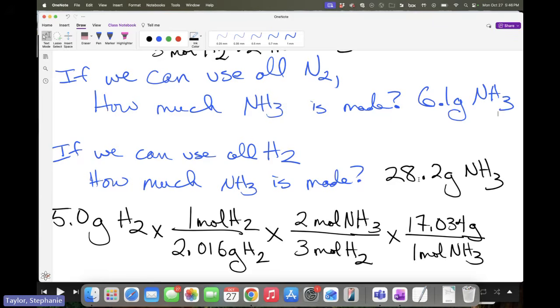So the number of cupcakes you can make is going to depend on the thing you have the least of. So when we're looking for limiting reactant, whatever we can make the least amount of is going to be the correct answer. Because basically the hydrogen's all optimistic and it's like, if we could use all the hydrogen, look how much we can make. And it's like, that's great, but we're going to run out of the other thing before we ever get there.